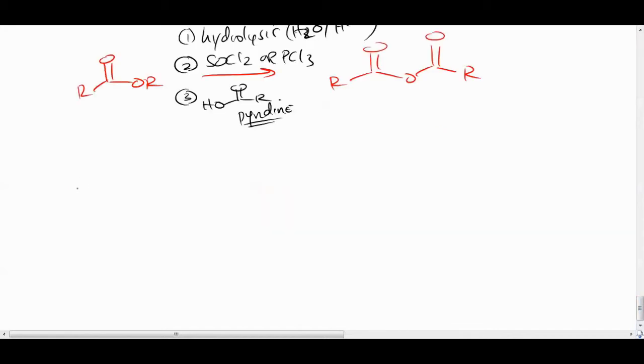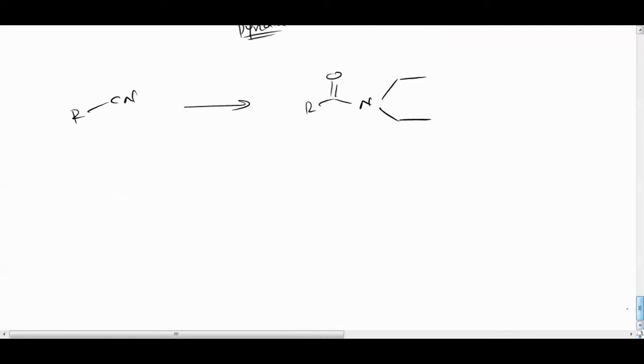Alright, what if you had a nitrile and you wanted to synthesize, actually, let's make this a little bit different. So you want to synthesize this. Just see if you can figure out the synthesis steps for this.